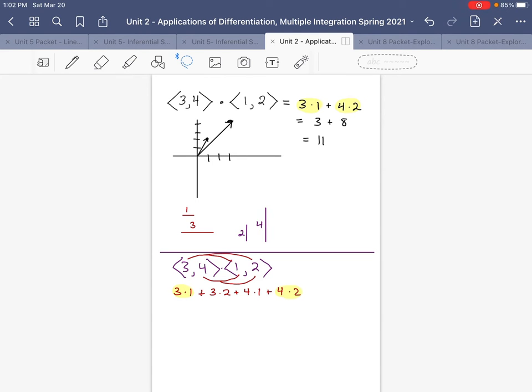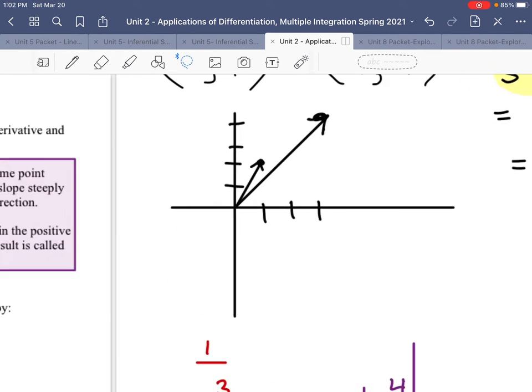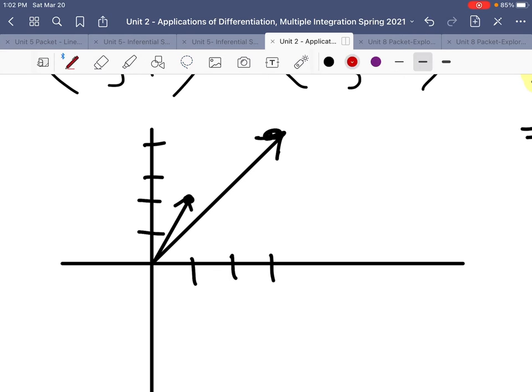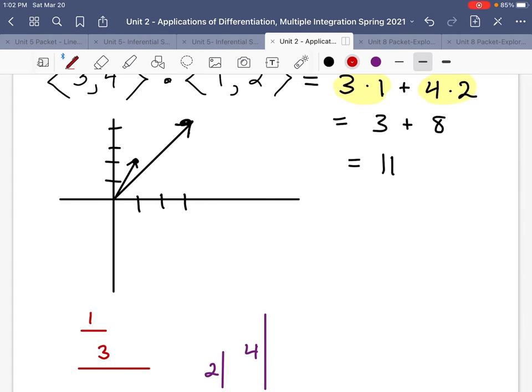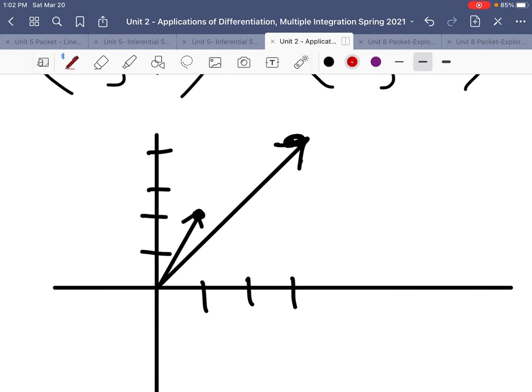So if we look at the components that make up this diagram, all right, we have 1, 2. Oh, why did I make it 1, 3? Who knows? Oh, no, I did it correctly. I'm just questioning myself as always. So we have 1, 2.